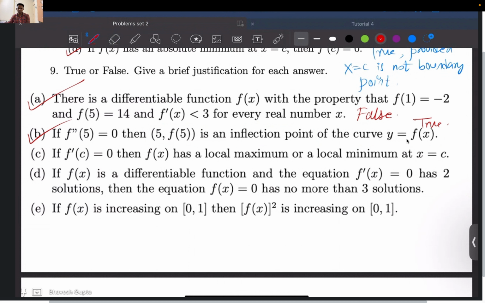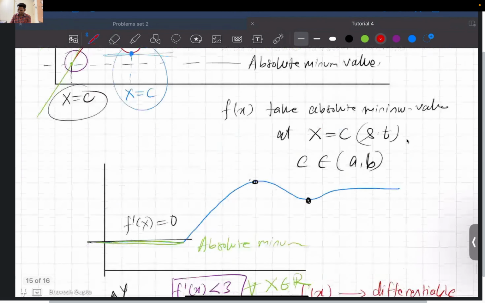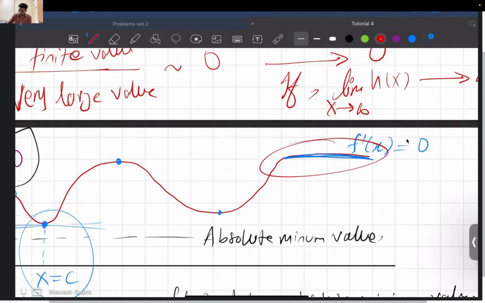Is this a local maxima or minima? You can have this particular idea, right? What about this? You still have derivative equal to 0. So this is not a local maximum or minimum.